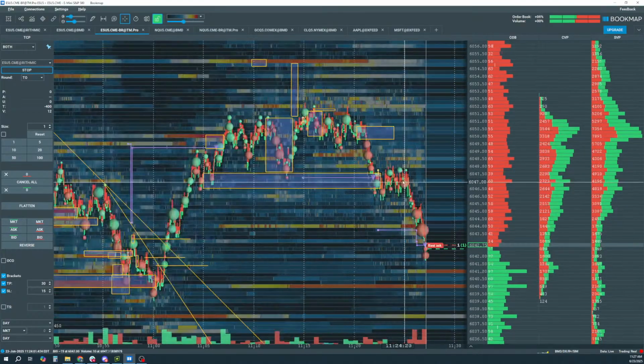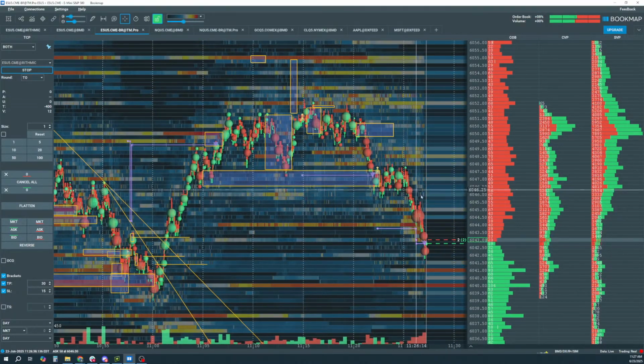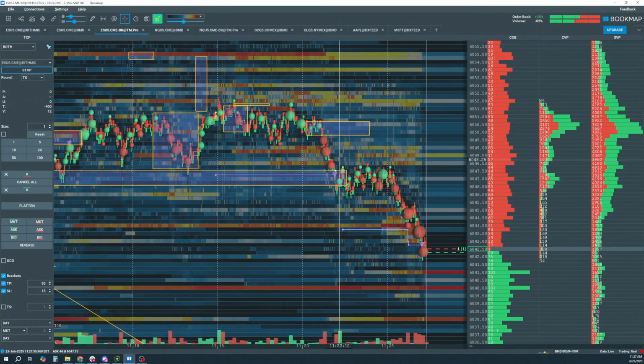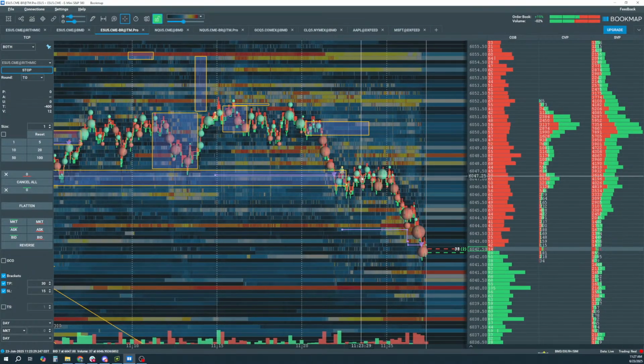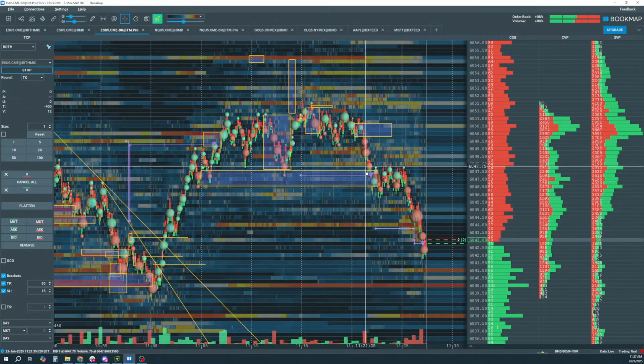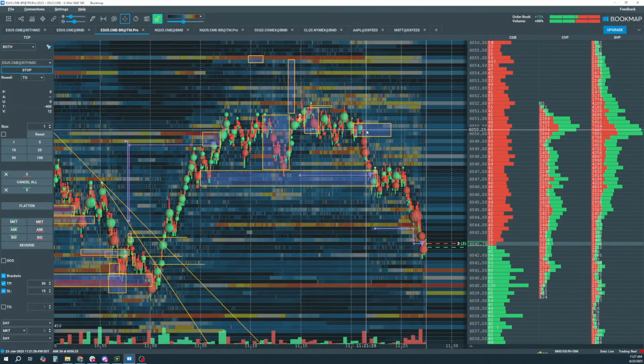So okay, well, something kind of gleaned from this in here. Okay, so we saw the sellers move it out, and I'm looking for the buyers to move it back in.